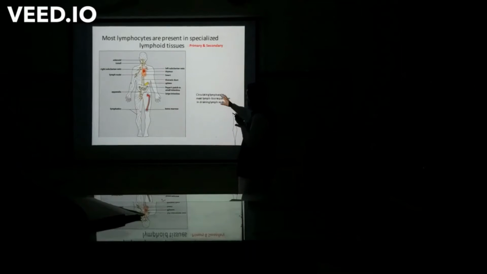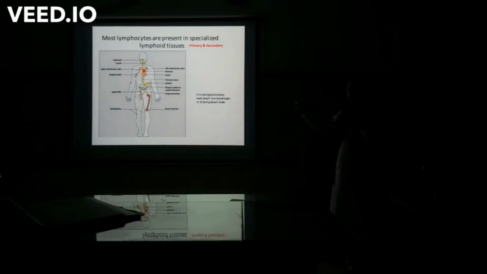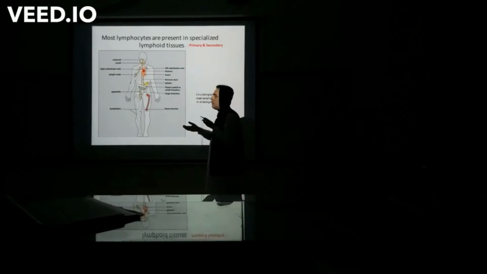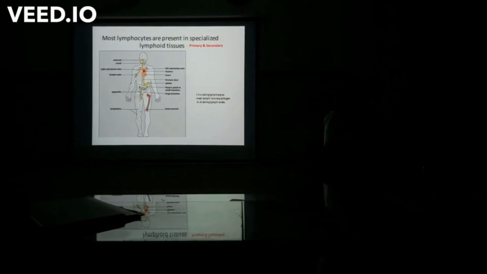So the circulating lymphocytes, the lymphocytes in the blood, meet lymph-borne pathogens in draining lymph nodes. We would also talk about the lymphatics in the lymph nodes in the next slide. When the lymphocytes mature and migrate into the blood, they are smaller in size.